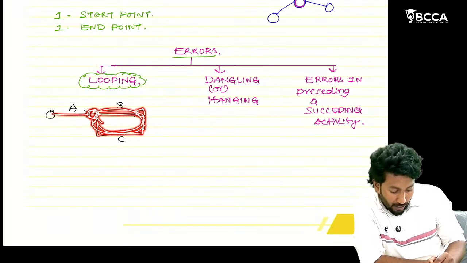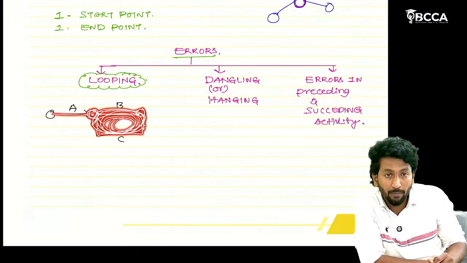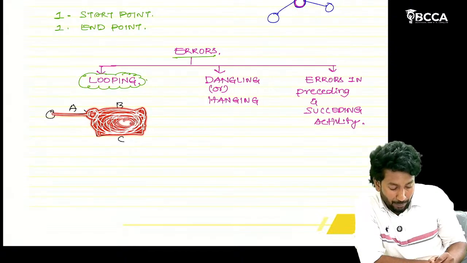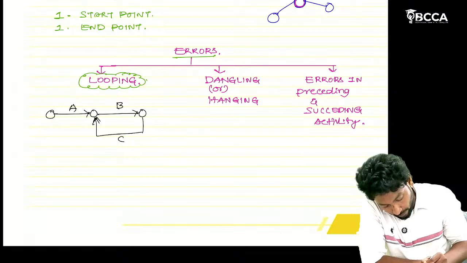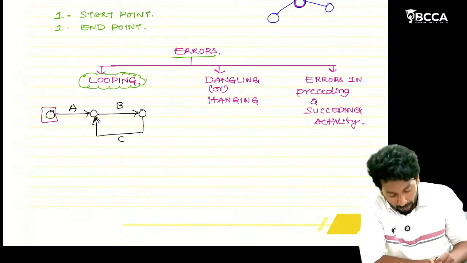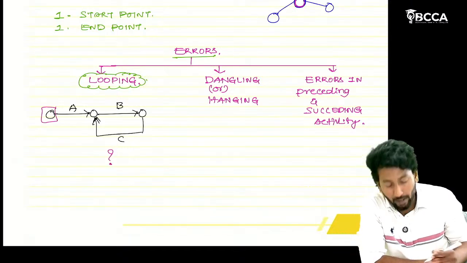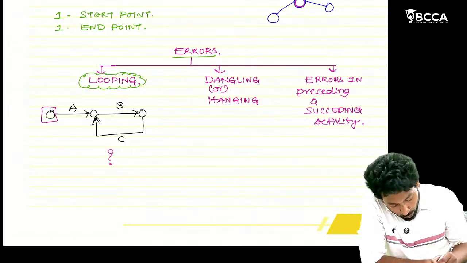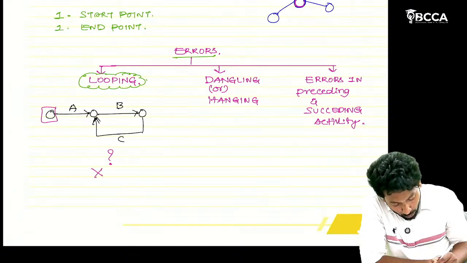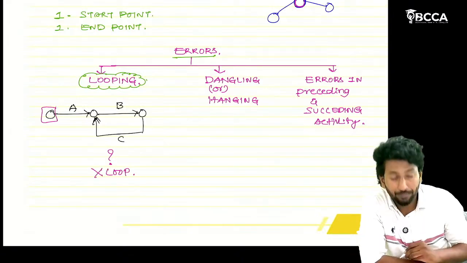Like this, in a loop, all these activities will be repeated in this loop only. There will be no end point. We have a start point for this project, but where is the end point? There is no end point. So while drawing a network diagram, you should not form a loop.